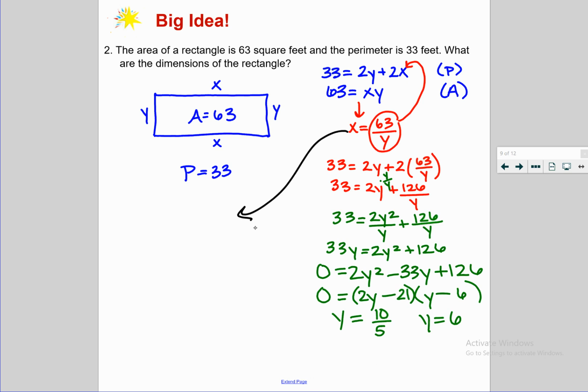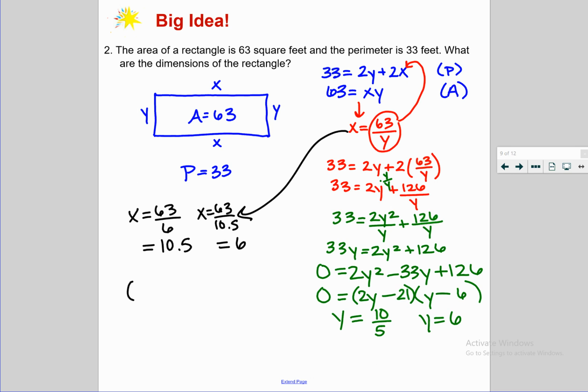We have 63 over y will give us x. So 63 over 6 gives us, miraculously, 10.5. And 63 over 10.5 miraculously gives us 6.